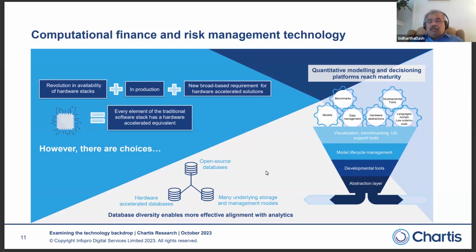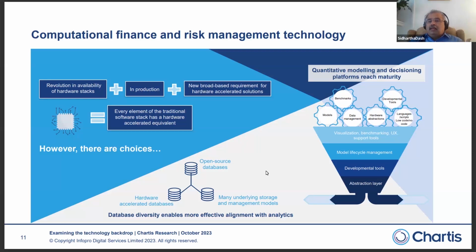When we think about it in detail, we'll find that there is an enormous range of database types. Many, if not most, are available in open source and other commercial arrangements. We also find that there's a range of hardware accelerated databases, GPU-driven databases, which provide new ways of slicing and dicing data at scale.